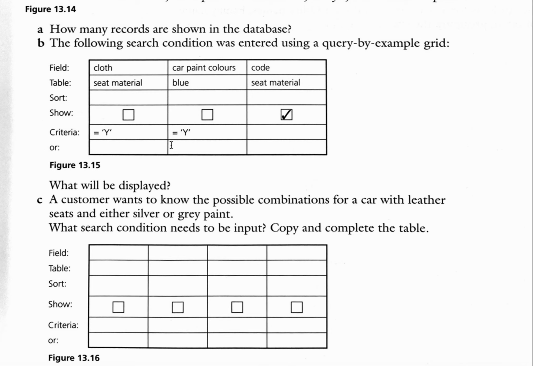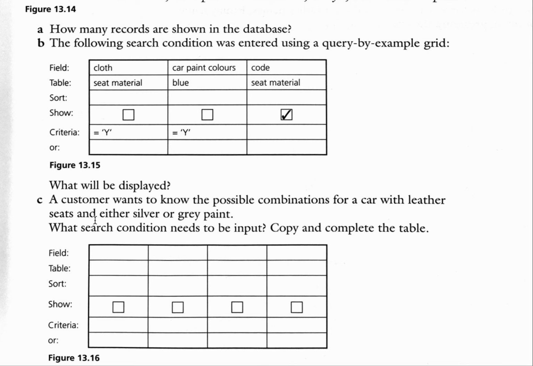Instead of putting cloth down here, they're asking for leather. So we would type in leather, seat material. Leather, seat material, and then criteria equals yes, because that's what they want.